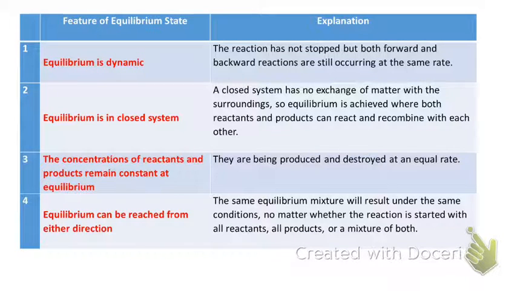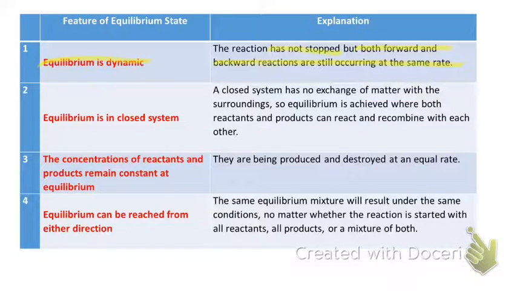All right, so let's look at specifics of an equilibrium system. So equilibriums are known to be more or less dynamic. Now, what does it mean for an equilibrium to be dynamic? That means the reaction does not stop, but both the forward and the backwards reaction still occur at the same rate.